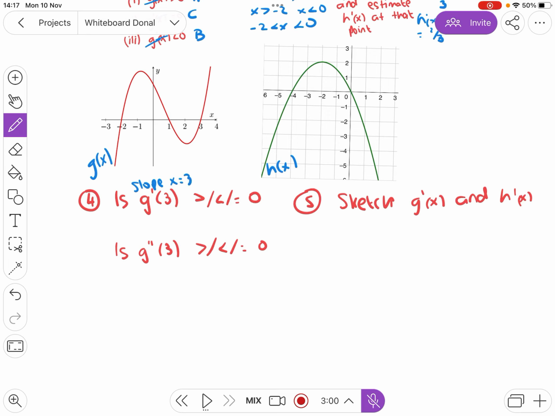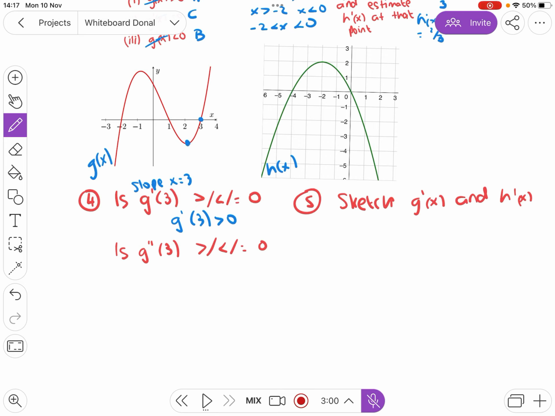So I go and I find my 3, there's my slope at 3, and all I'm looking for is, is it positive, is it negative, is it 0? The slope at that point is greater than 0. So that means g dash of 3 is greater than 0 because the slope is greater than 0, it's a positive slope. My second differentiate then, that talks about the rate of change of slope. Now that's going to be to do with, is it a maximum, is it a minimum?